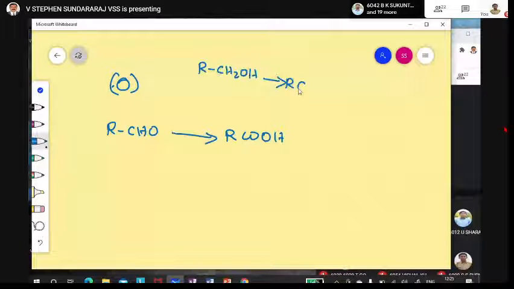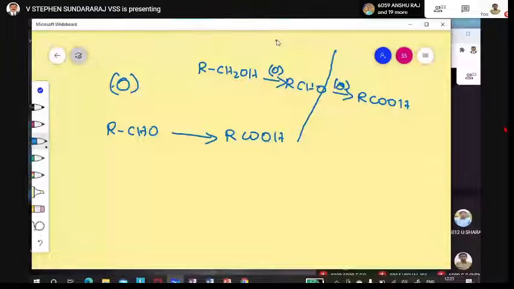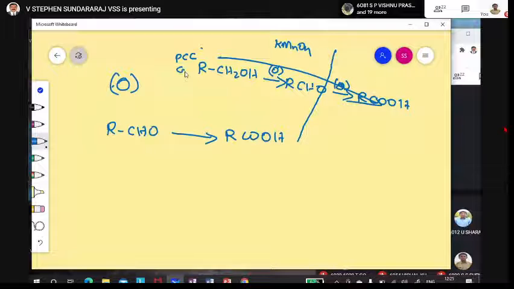This is the oxidation. But when you have to control, when you prepare, now we are not studying preparation, properties. Okay, when you prepare aldehyde, you have to stop the oxidation up to this. That is why you cannot use KMnO4, because KMnO4 will not stop, it will go directly; you will not have a halt here. So we are using PCC, we are using CrO3, the different chemicals we study.